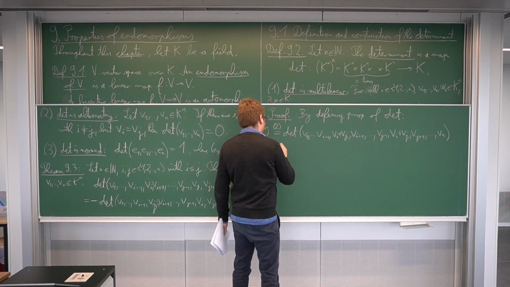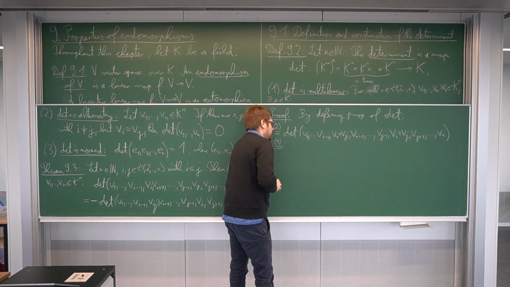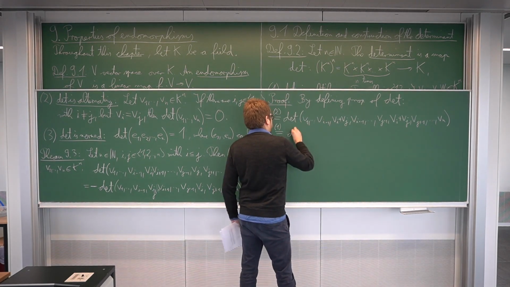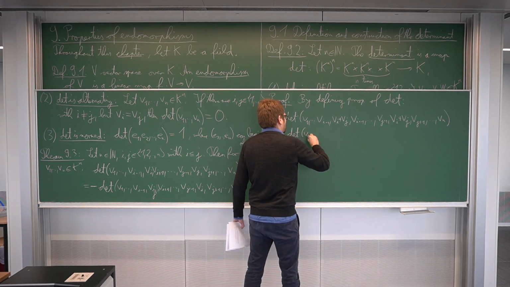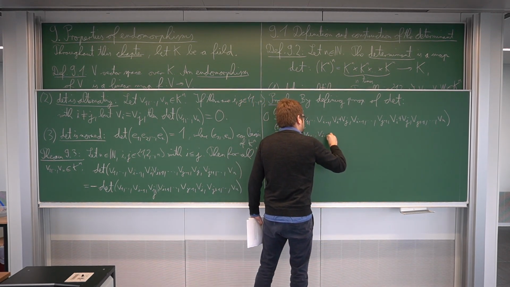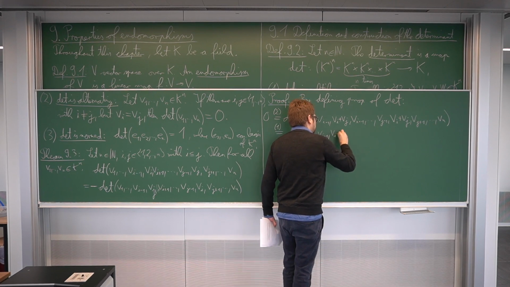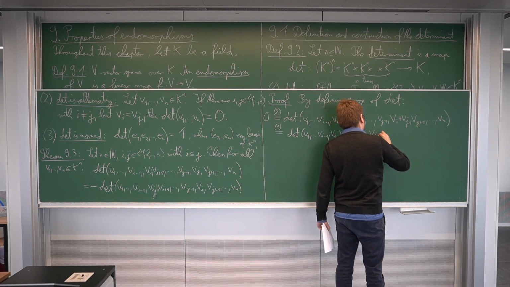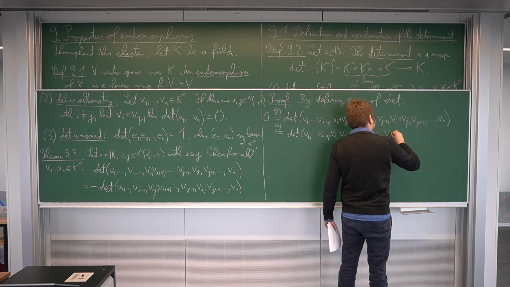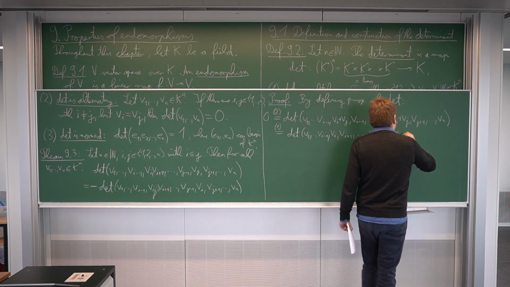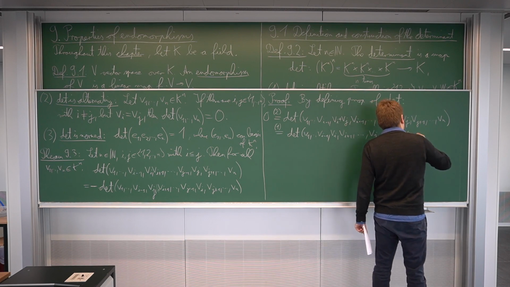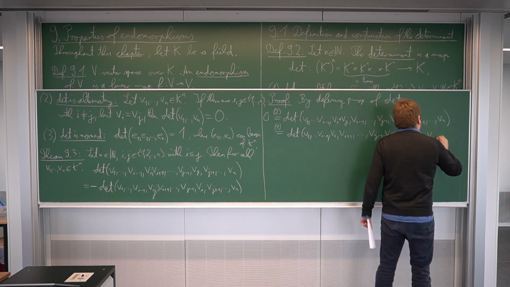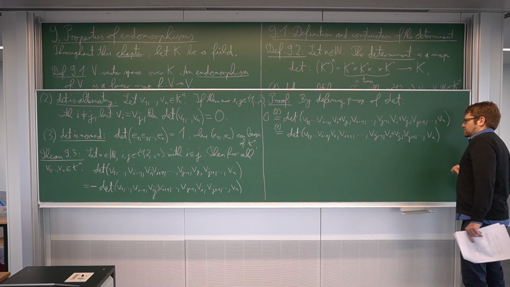Then multilinearity, property 1, says that this is the same as the determinant of v1 to vi minus 1, and now just vi, vi plus 1, and so on to vj minus 1, and here we leave everything as it is, vi plus vj. It's a slightly different computation than with linear maps.